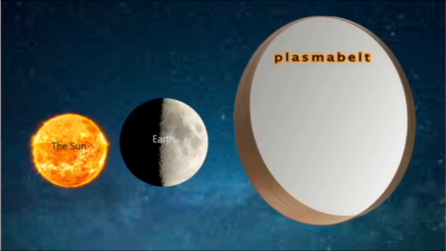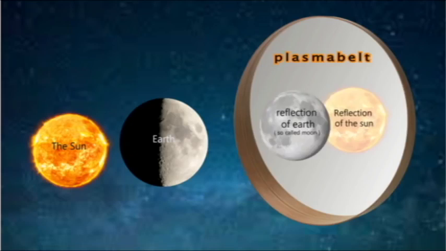On the plasma belt, we see the reflection of the sun. On the plasma belt, we see the reflection of Earth. The reflection of the sun is shining on the Earth. So everybody is thinking that the sun is shining on us, but in reality, it's the reflection of the sun that is shining on us.